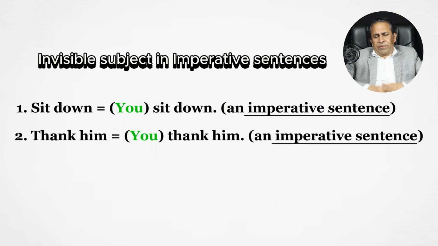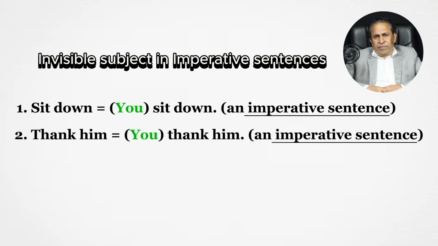Or thank him. You thank him, which means you are the subject. That is not visible there, but it is there. So in imperative sentences, the subject is not visible. It is always implied, right?